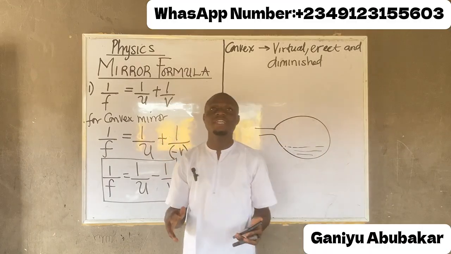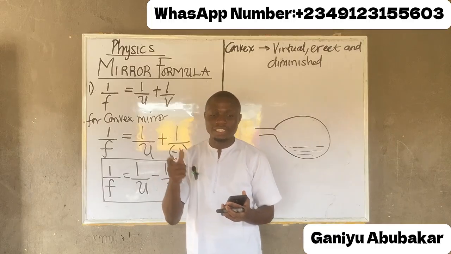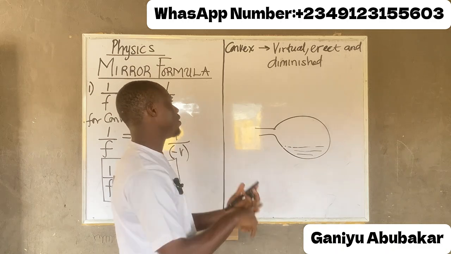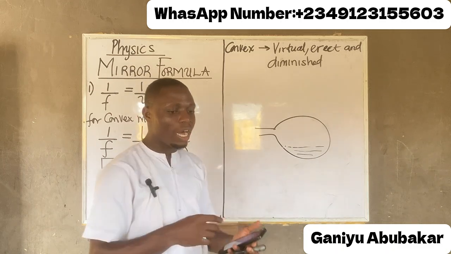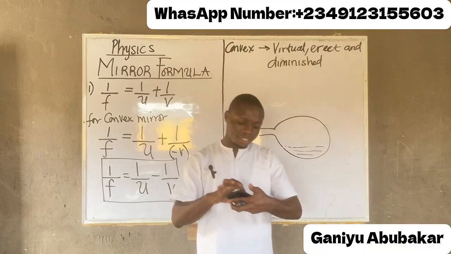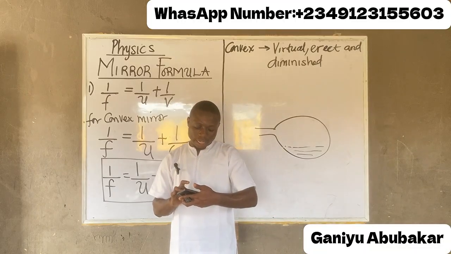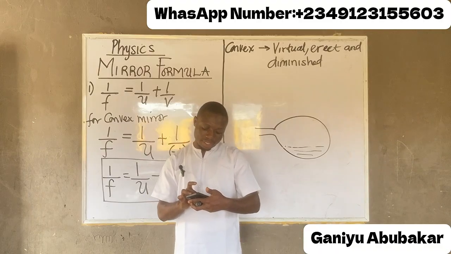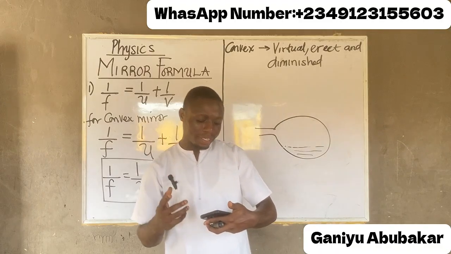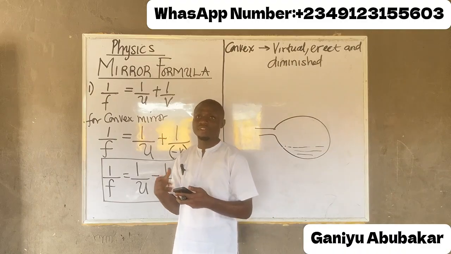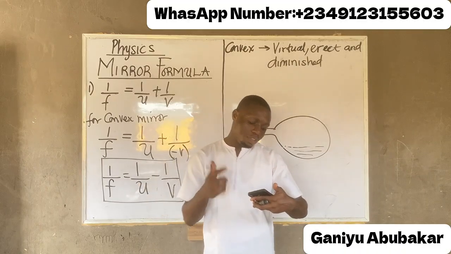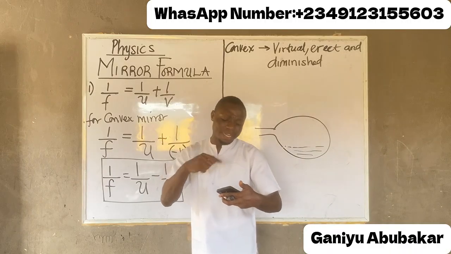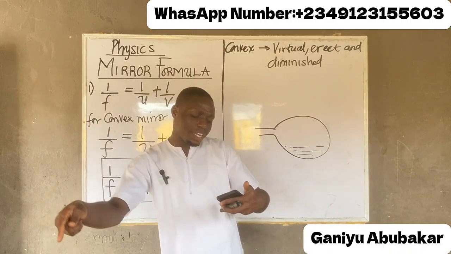So that's the idea behind a convex mirror. The idea there is this: it diminishes. It's virtual, erect, and diminished. This is how I can explain note number 3, which says the nature of the image produced by the convex mirror is irrespective of the position of the object from the mirror.